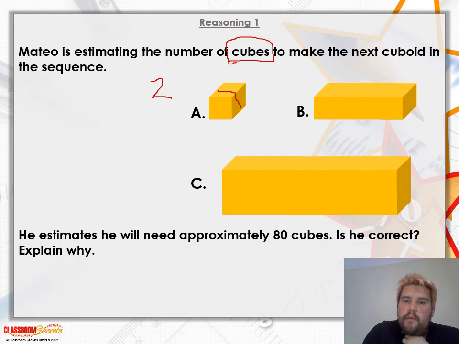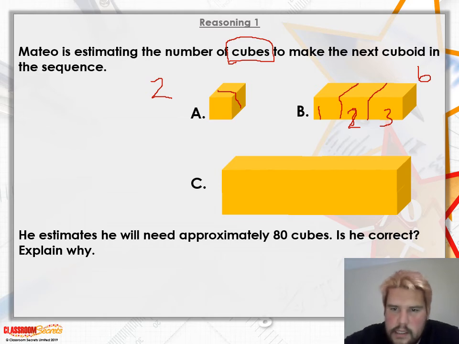If we think about 1, 2, 3. So maybe we say 3 times as big. Oh, that's 2. If it's 3 times greater than the size of A, and we've had 2 cubes in A, then I'm going to say that this is 6 cubes.